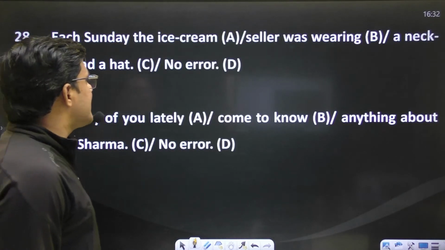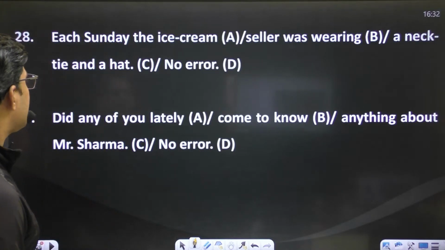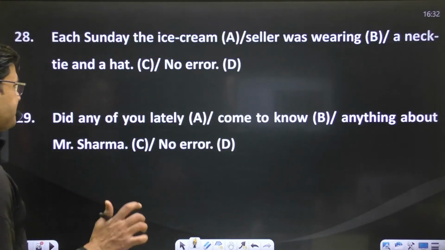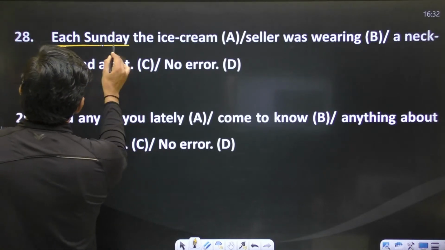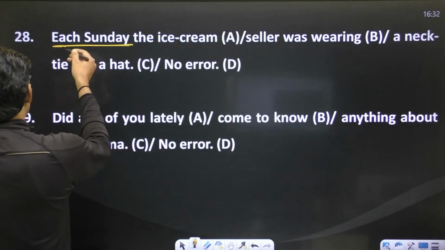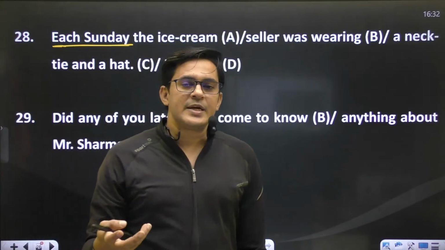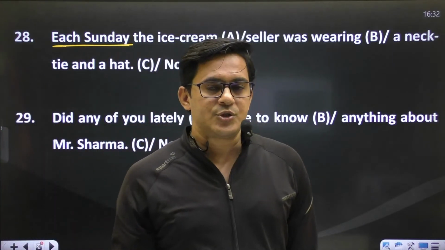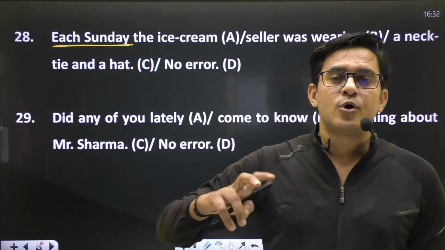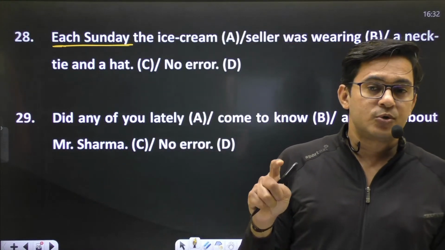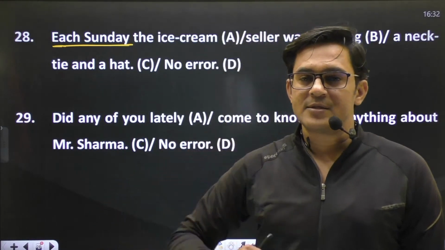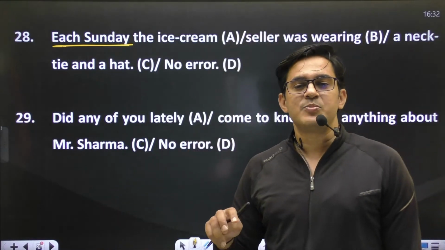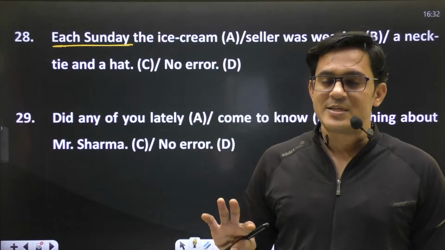Each Sunday, the ice cream seller was wearing a necktie and a hat. Okay, you have a word each Sunday. This word each Sunday denotes routine actions, frequent actions, or scheduled or permanent actions. So to denote scheduled actions, routine actions, we use indefinite tense, and this indefinite must be either of present or past, right?